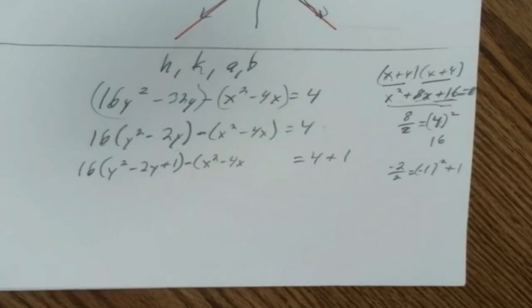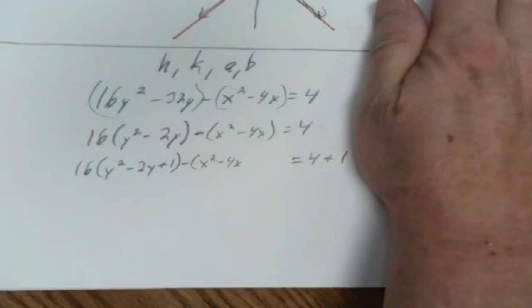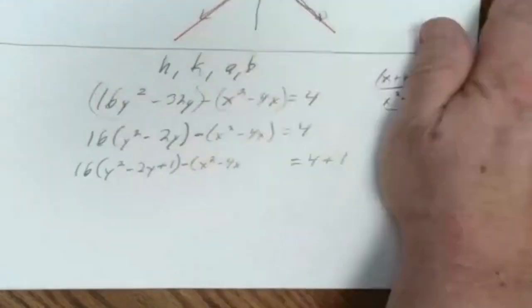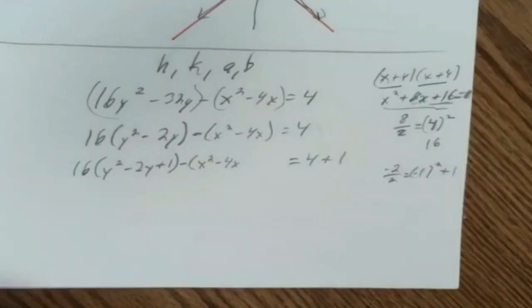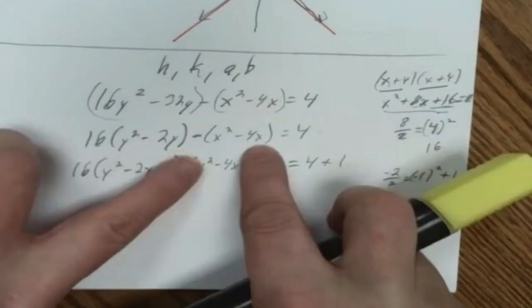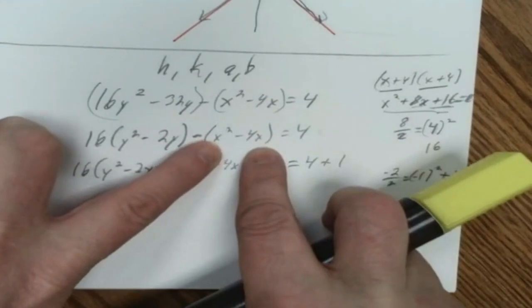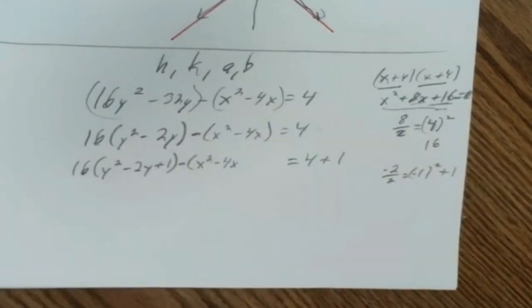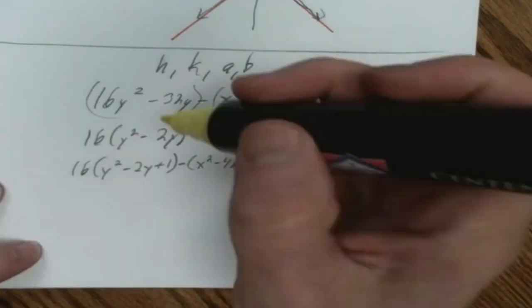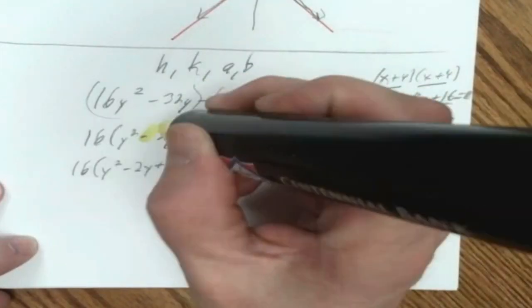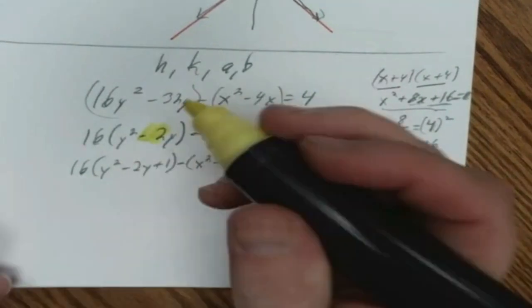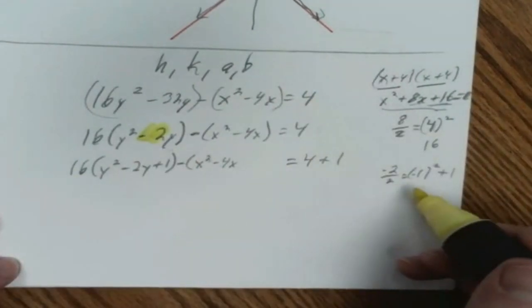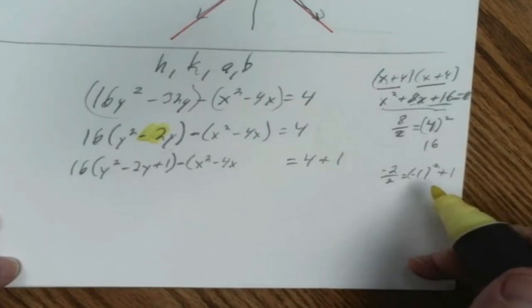Okay, let's ignore this for a moment and go through the process. So we've got our y's grouped together and our x's grouped together, and we're trying to make a perfect square trinomial from that. So we take this y coefficient, not the y squared, and we divide it by 2 and then square whatever we get out of that.